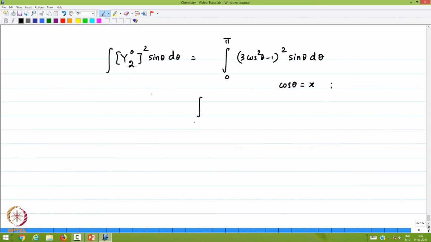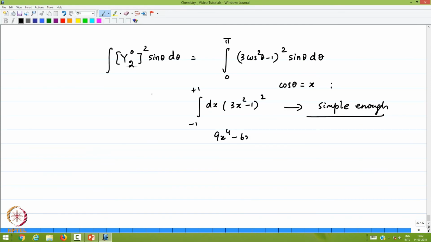So, you will get from minus 1 to plus 1 dx, you get 3 x square minus 1 whole square. Simple enough integral, and I would let you finish that by yourself. 9x raised to 4 minus 6x squared plus 1 dx between the limits minus 1 to plus 1.